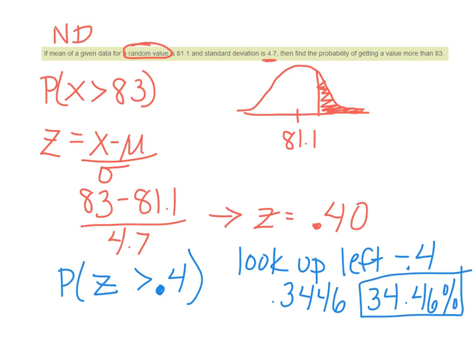And in our final example, we've got test scores in a statistics class. Again, we're going to assume they're normally distributed and a value is selected at random. They've got a mean of 85.